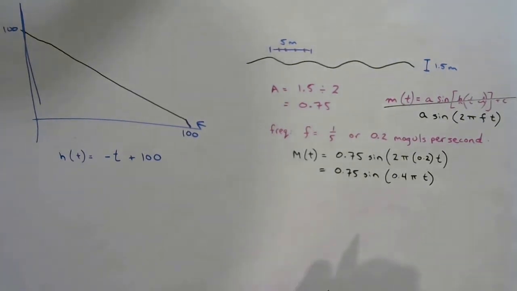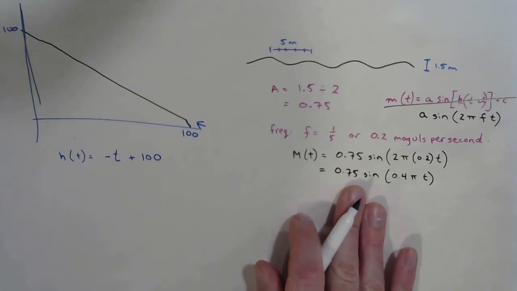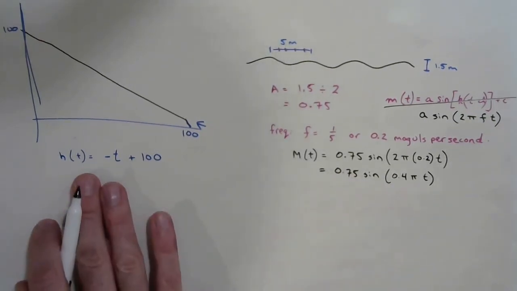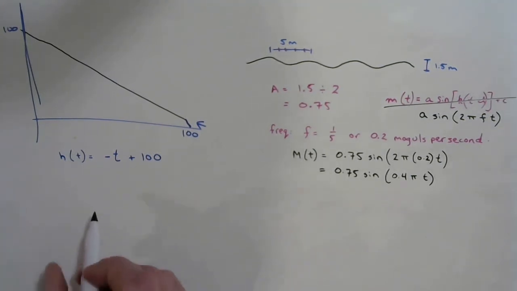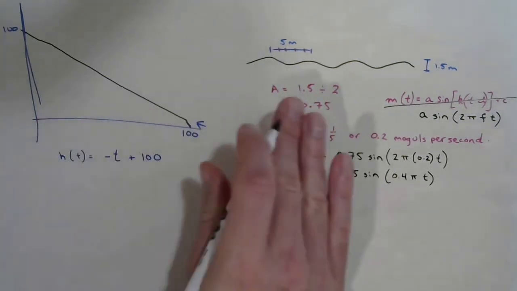All right, so now we have the height of the skier with the moguls ignoring the slope, and we have the height of the skier with the slope ignoring the moguls, okay? So we're going to put that together, and we're going to get the height of the skier, their actual path that they're traveling with the slope and the moguls.